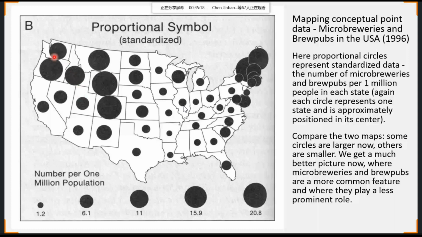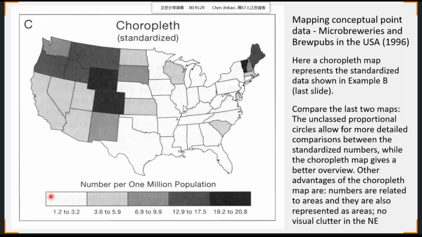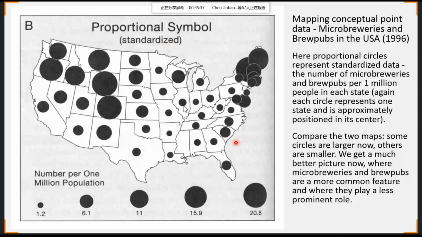Here you can compare areas, which is better than comparing different color values. Of course, you have only these 5 color values here, these 5 gray values, and here you have many more sizes of the dots. Therefore, this reflects the data better, and you can better compare the quantities. So this is an advantage for this map.